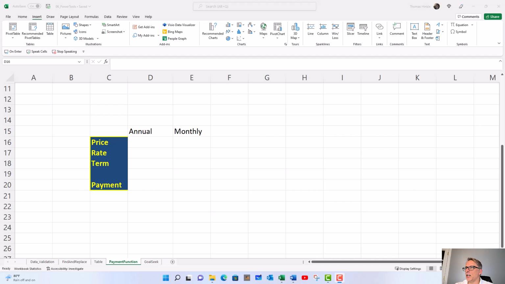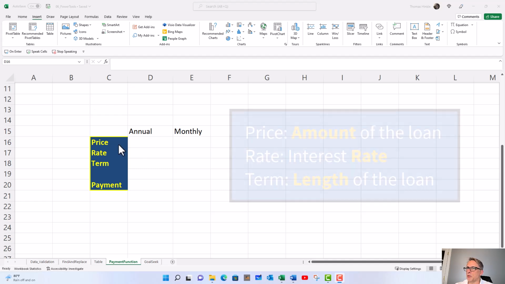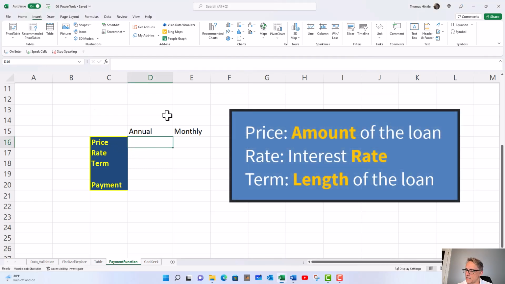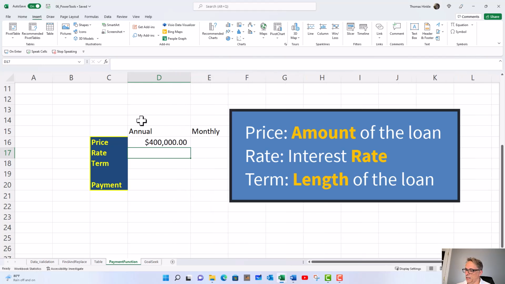So now that we've got our grid set up, let's put in some values. For the price, we're going to say it's 400,000. The rate, that's the interest rate we are going to have to borrow the money at. Let's say it's 5.5%. And the term, or how long we're going to borrow for. Most of us in home loans speak in terms of years, so let's just put 30 years there, okay?